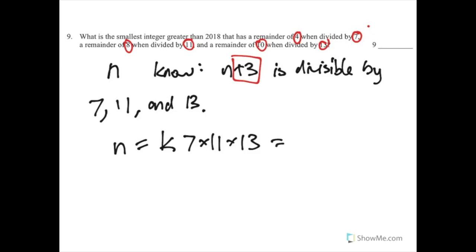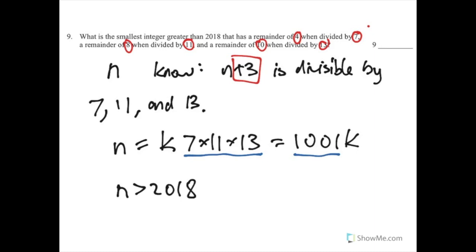And so this is equal to 1001k. This is a really good product to remember: 7 times 11 times 13 is 1001. And since n has to be greater than 2018, we have that n is equal to 3003 as our smallest answer. And so the answer is 3003.